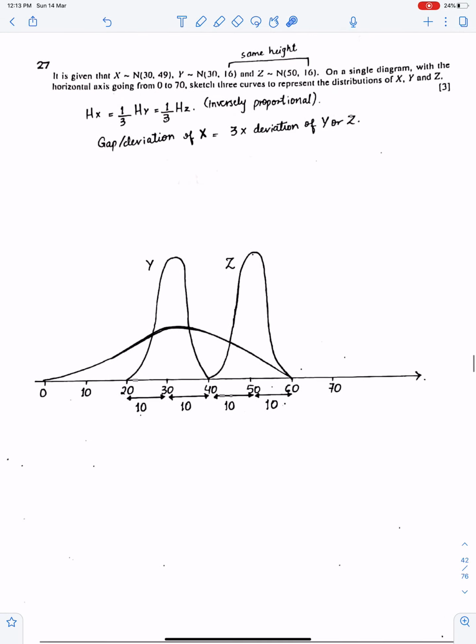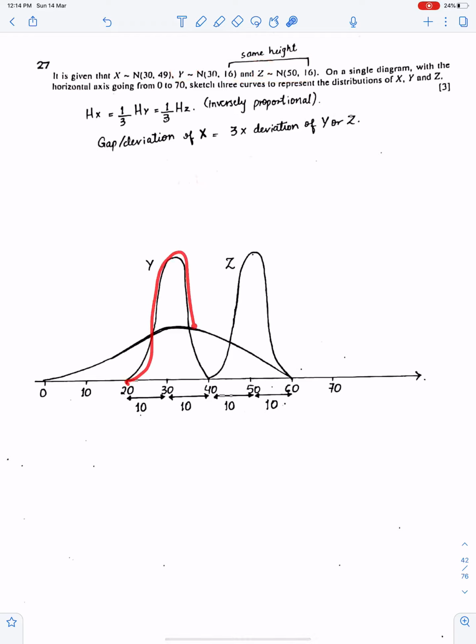This question is important. I already discussed this concept in my first lecture: sigma squared small means high peaks and sigma squared large means low peaks. So these two distributions, Y and Z, have small variances and this one has a large variance.